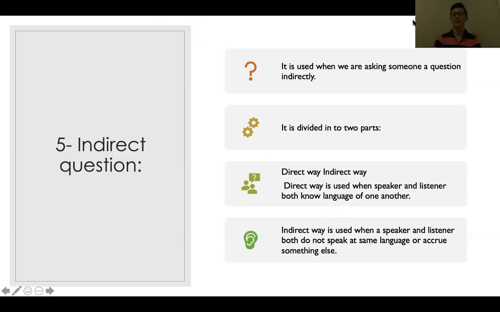So I want to explain something else once again. I told you that we use indirect questions to ask about the third person. Okay, so we have two types of indirect questions. The first one is when the first person asks a question of the second person, and the second type is when the second person asks the question of the first person from the third person.